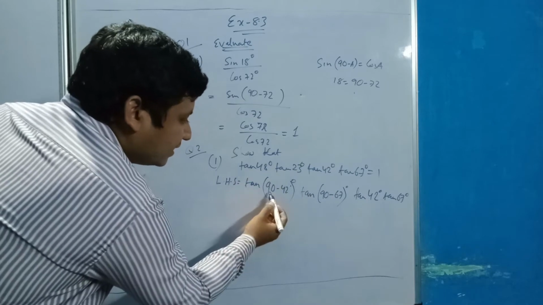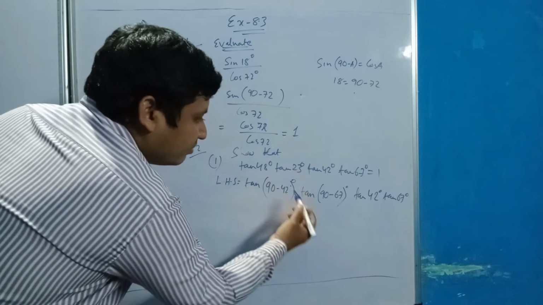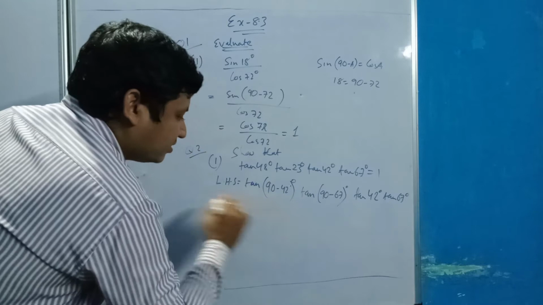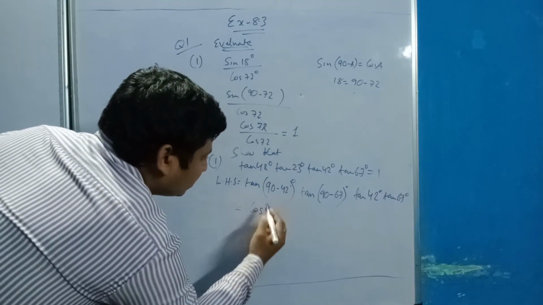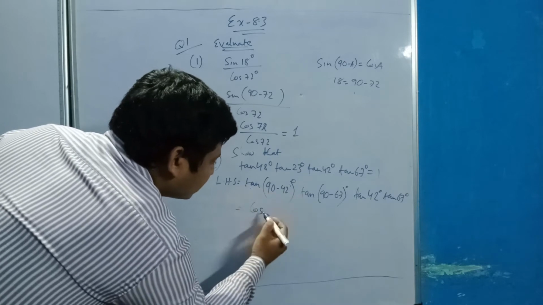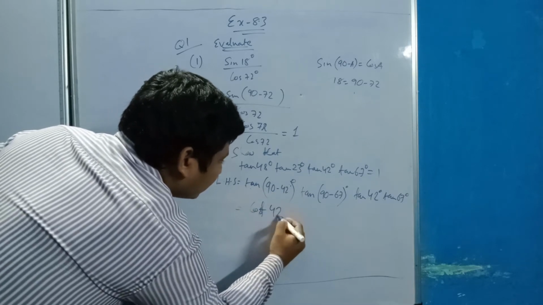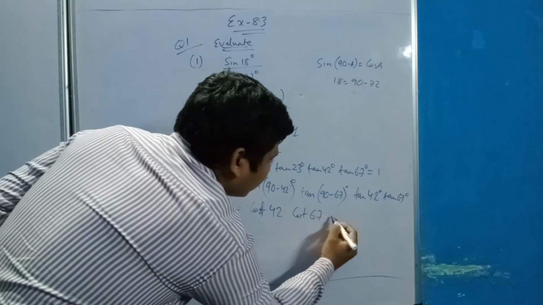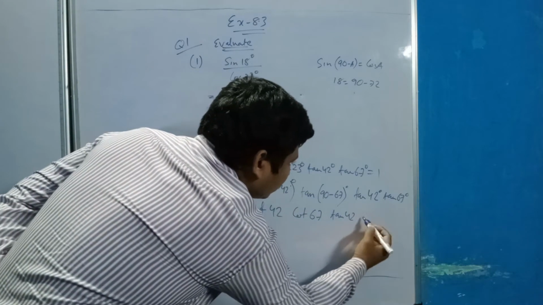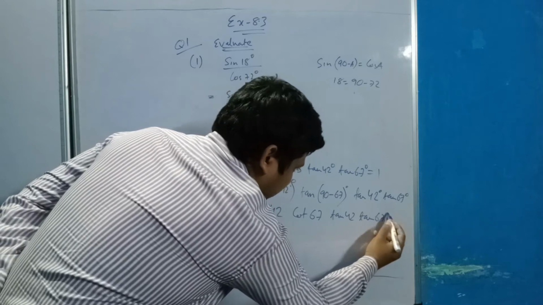48 can be written as 90 minus 42, and 23 can be written as 90 minus 67. That's all, simple maths. Now tan(90 minus theta) is cot theta. So this one is cot 42 and this one is cot 67, times tan 42, tan 67.